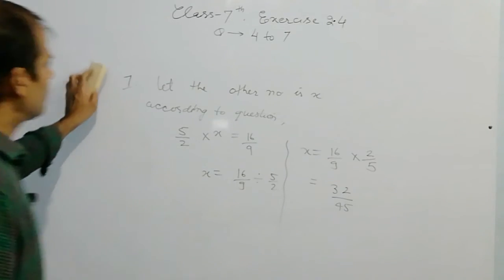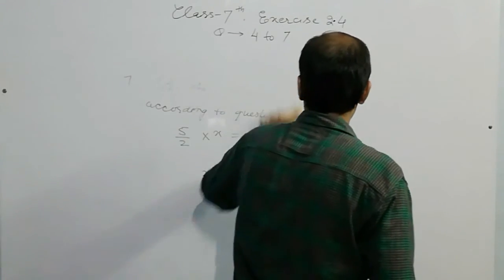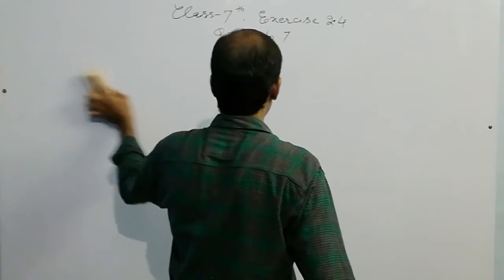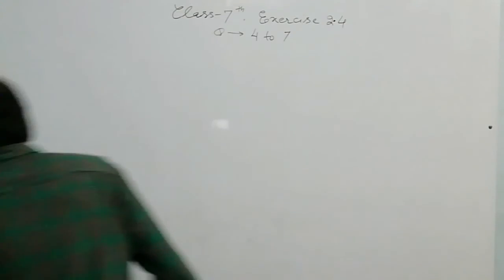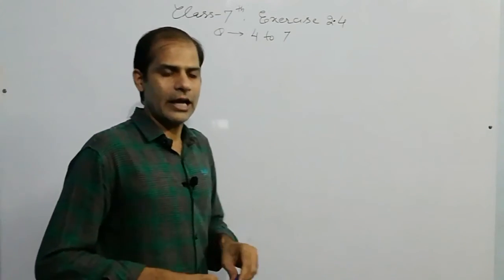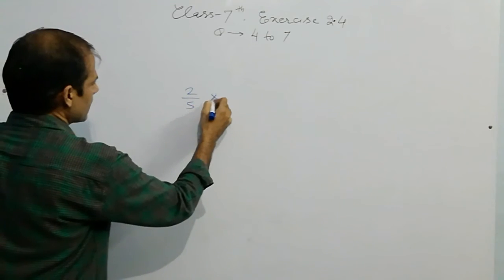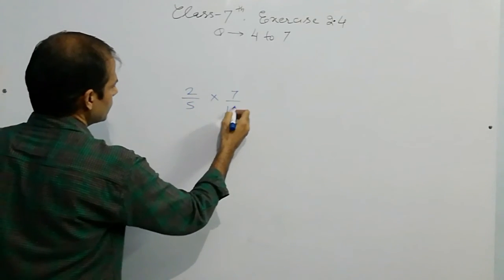Finally, I am going to tell you some properties of multiplication and division of fractions. Listen carefully and focus on the board. Suppose आपको ये कोई calculation करनी है, 7 upon 16.